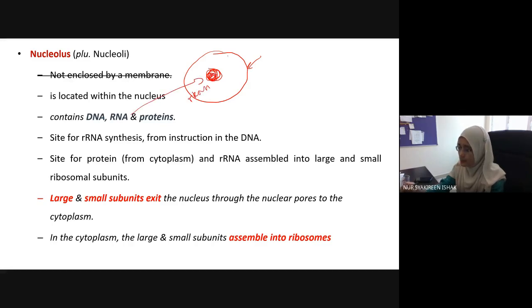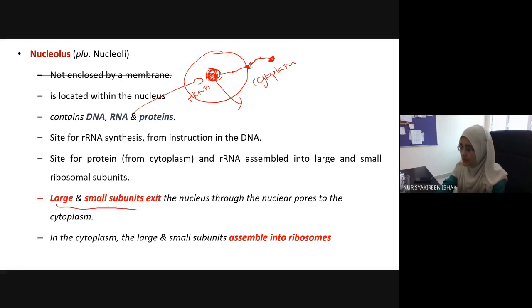So the nucleolus is where RNA are produced. And from the cytoplasm, you have proteins produced in the cytoplasm. These proteins enter into the nucleus through the nuclear pore and enter into the nucleolus to form what?